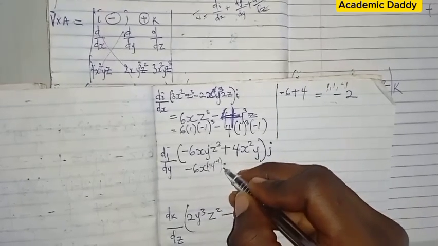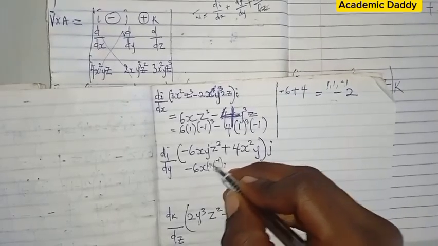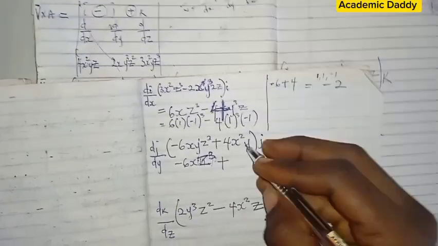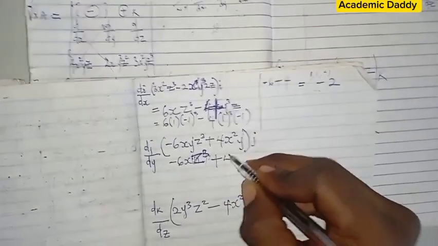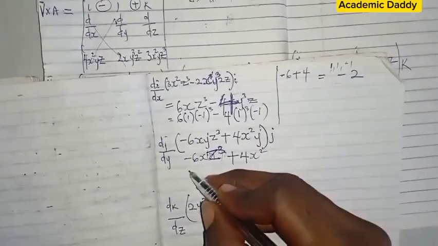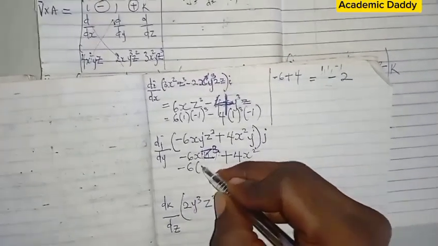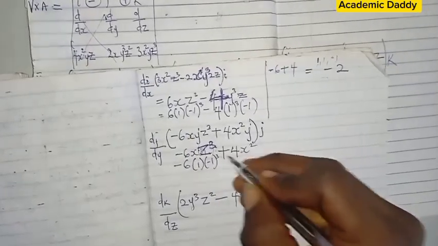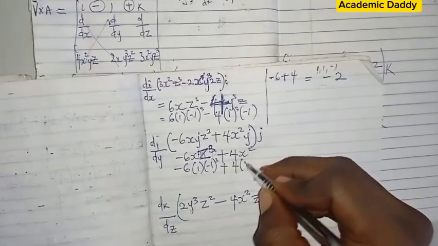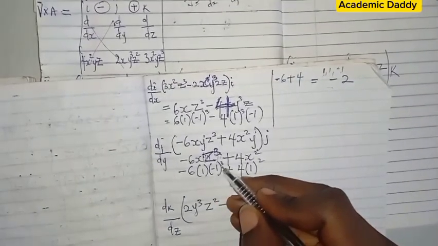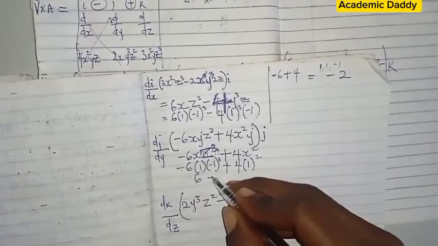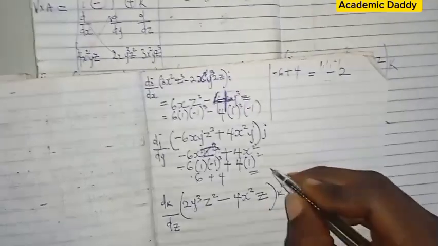Deriving this, then z is simply to power 3, and plus, y will be out again here, 4x². The j dot j will be out. So substituting the points, we have 6 into 1 times minus 1 to power 3 plus 4 into 1 squared. Minus 1 times minus 6 is going to be 6, 6 plus 4 equals 10.